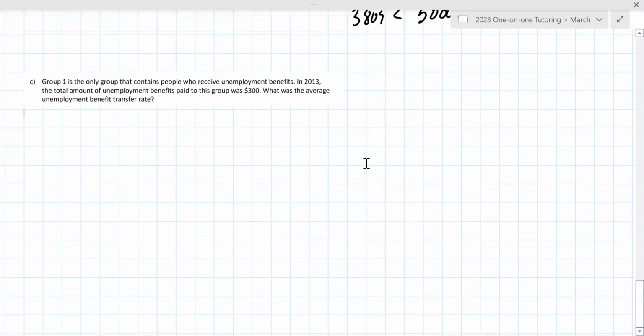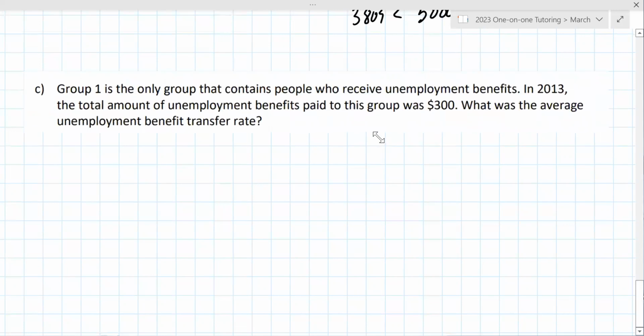Group one is the only group that contains people who receive unemployment benefits. Group one was at 15%. The amount paid to this group was $300. What was the average unemployment benefit transfer rate? So this is another equation.